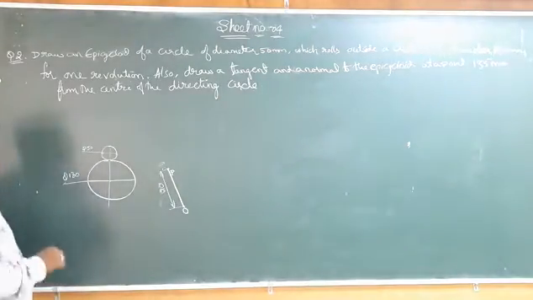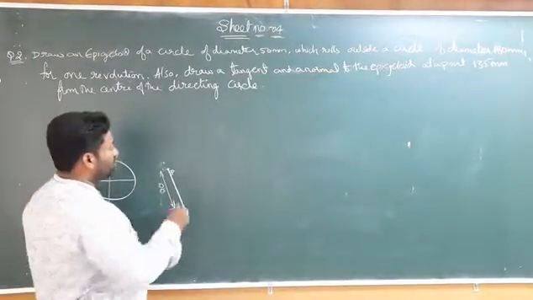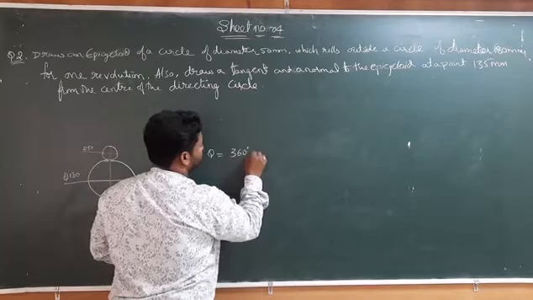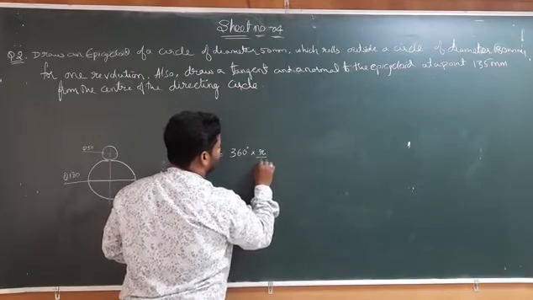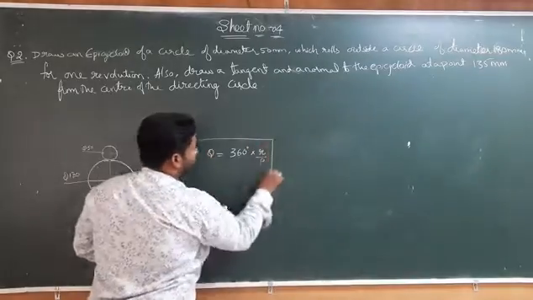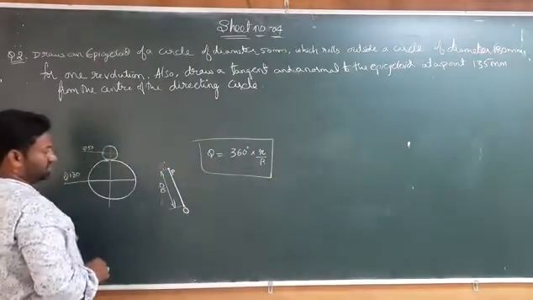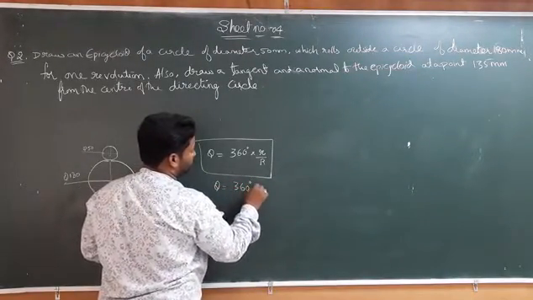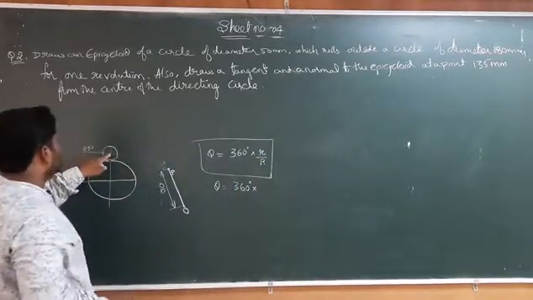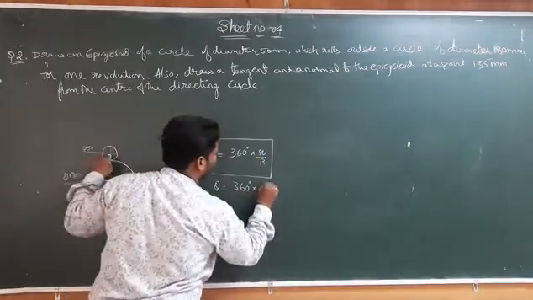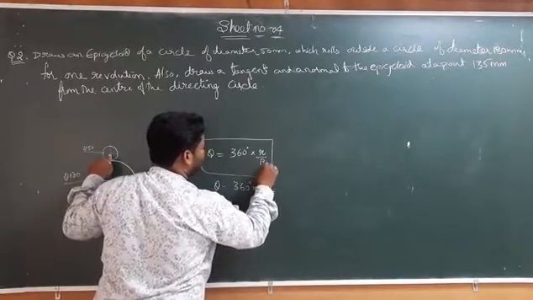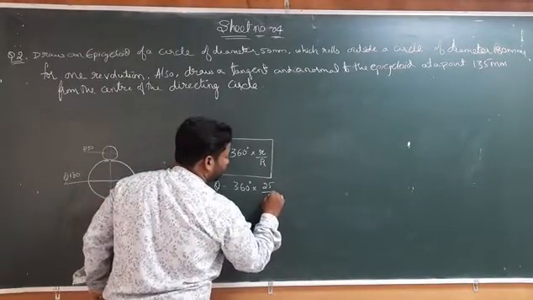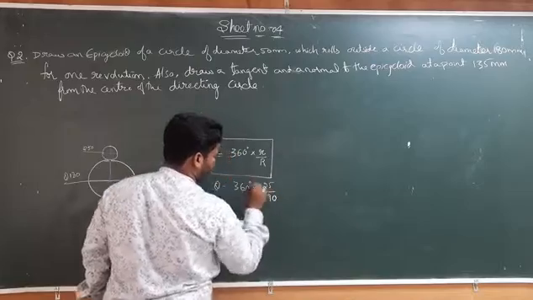To find it, we use the formula theta equals 360 degrees into small r by capital R. Here the radius of the smaller circle is 25 mm, and the radius of the directing circle, the larger roller, is 180 divided by 2, that is 90.